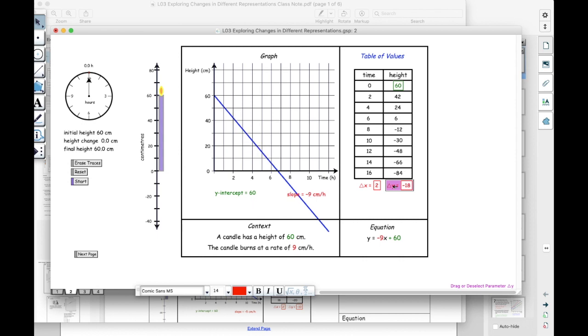So right now, delta y is decreasing in magnitude. It's increasing in value, but it is decreasing in magnitude. And as it decreases in magnitude, it makes the slope smaller in magnitude, so we are getting less steep. And right here, when delta y is 0, the candle isn't even burning at all, so I should have set this up so that flame would drop.